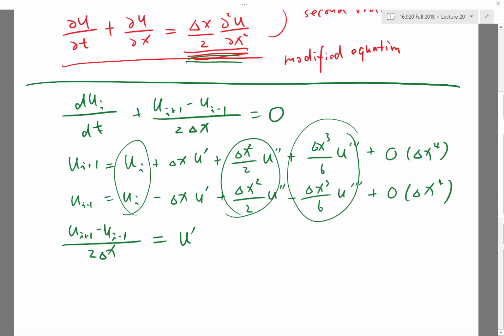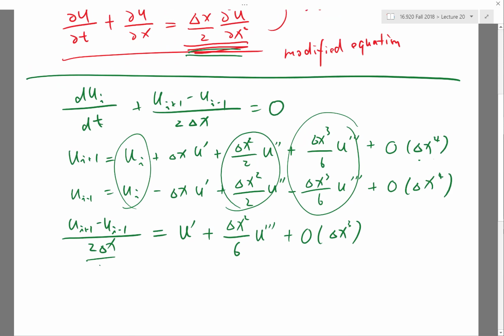This term becomes, I think, plus, the two ones get added together, but it's divided by 2. So we again get 1 over 6 times delta x squared times the third derivative of u, plus O of delta x cubed, because delta x to the fourth divided by delta x is delta x cubed.